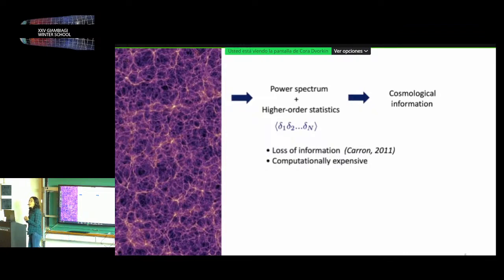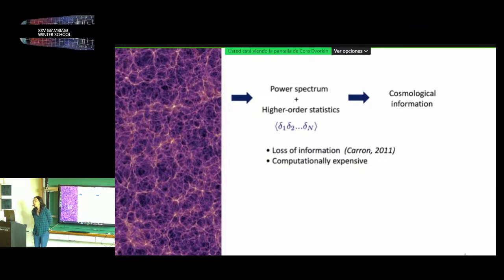One disadvantage of the higher point functions is that they fail at capturing all of the information when the field is highly non-Gaussian. And this is shown in a very nice paper by Carron a little bit more than 10 years ago. So if the field is highly non-Gaussian, you cannot measure all of the information, even if you go up to higher and higher order point functions.